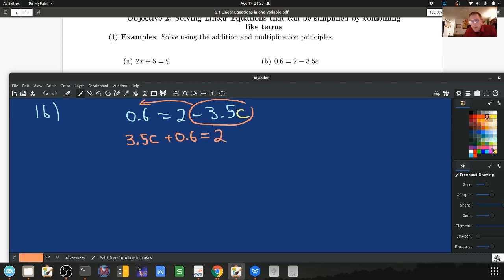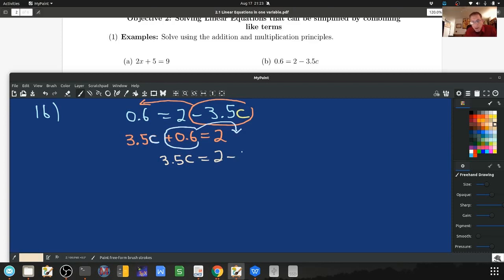But again, my whole goal is I want to isolate my 3.5c because my c is my unknown. So I'm going to take this term now and move it over here. So that leaves my 3.5c by itself. That's what I wanted. I wanted to isolate that term. And this is 2, and the price I have to pay is it changes its sign.